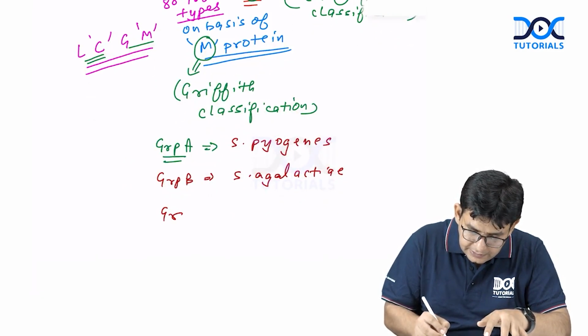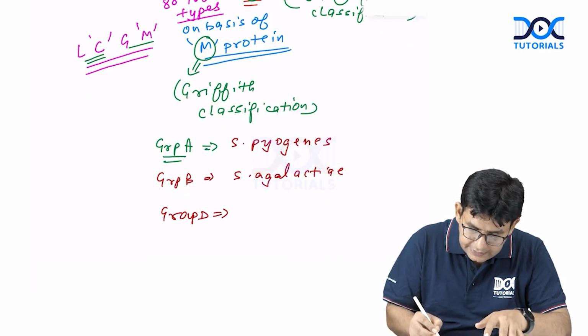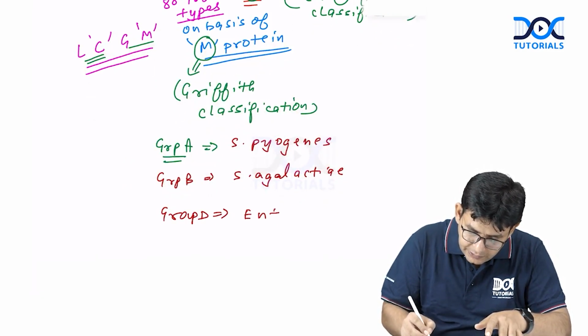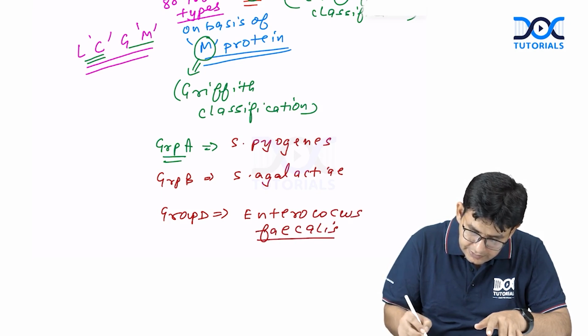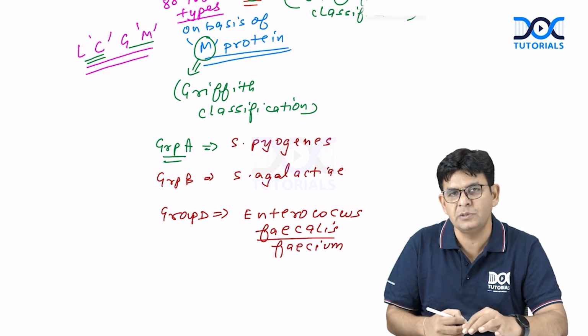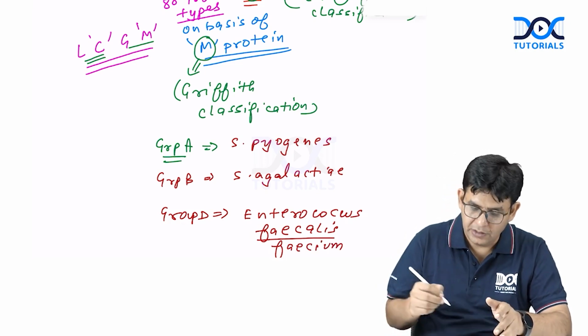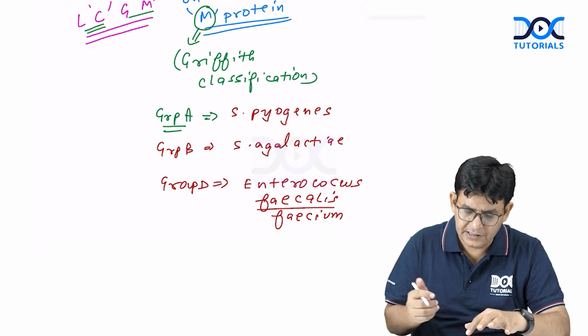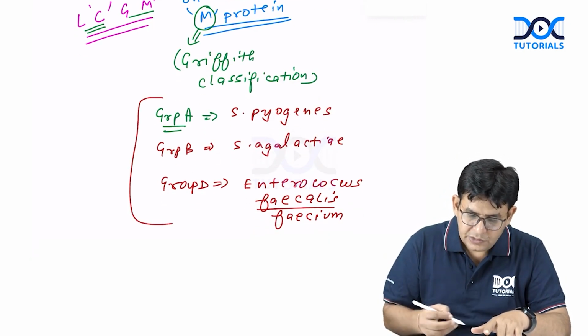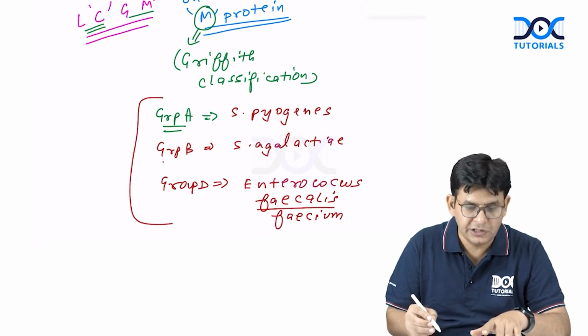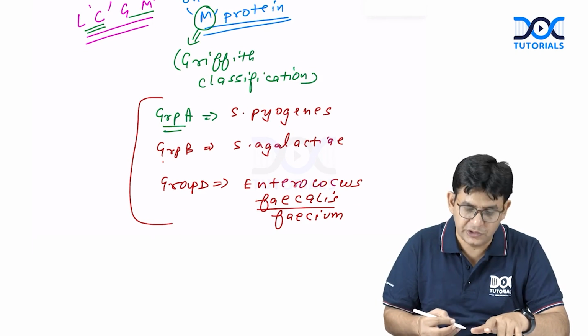Then in group D, we have Enterococcus faecalis and faecium. And this one is a bit controversial also. Some say it is not like that, but still it is grouped like that. So group A, pyogenes, group B, agalactiae, and group D, Enterococcus faecalis or faecium.